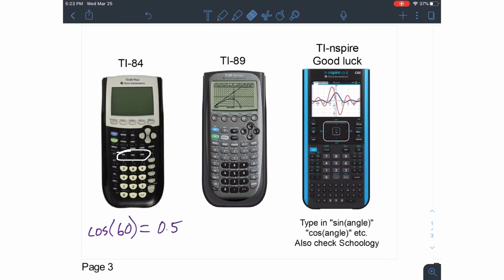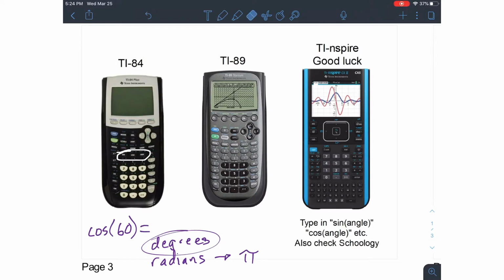If it doesn't, then the problem is that your calculator is probably in radians. Radians just means that your answer is related to pi, whereas what we want is degrees.